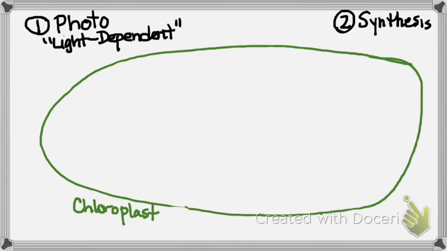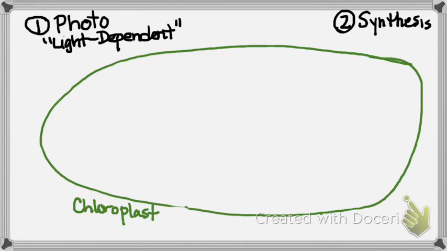But what I'm going to do is draw the photo part. And it's a little difficult for me working with the stylus and the small size of the iPad to be able to draw both of these on here. So what I want you guys to do is divide your chloroplast in half.